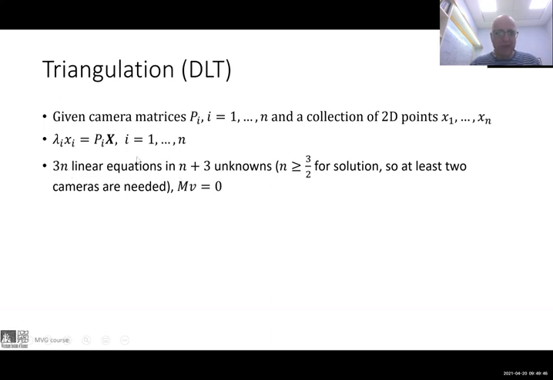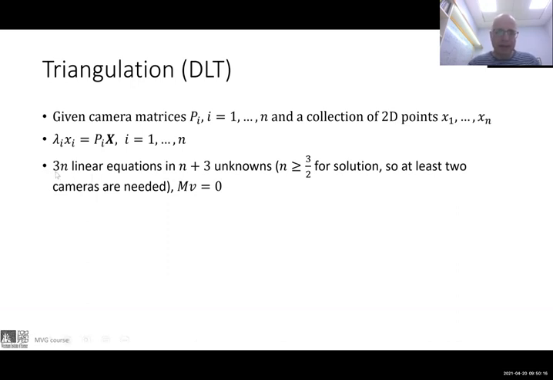The number of unknowns: the depth values, there are n of them, and capital X is 3. So the number of unknowns is n plus 3. If n is 1, for example, we have 3 linear equations in 4 unknowns. We can't solve that. There is no unique solution. But if n is 2, if there are at least 2 images, then we already can solve this. So we can do triangulation with 2 images.